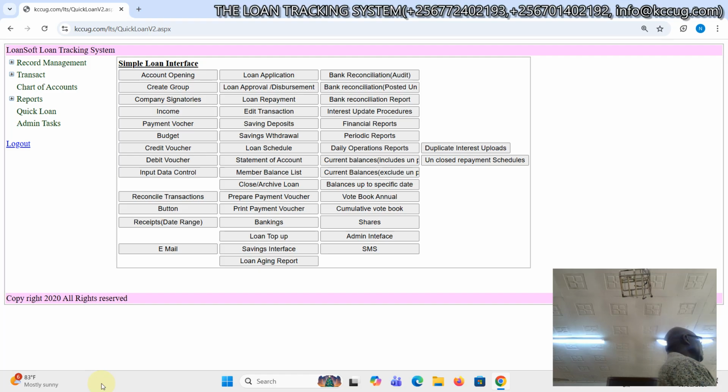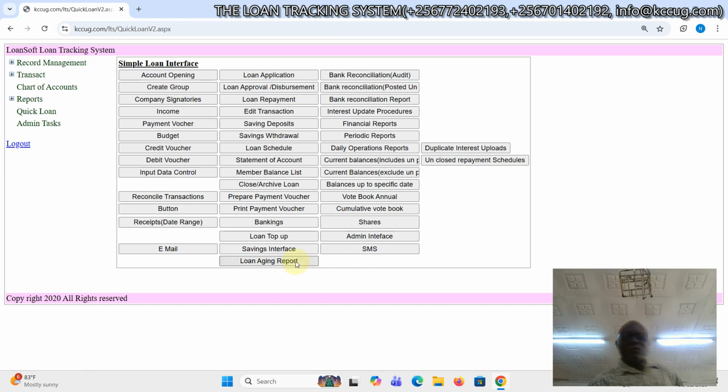You are in default by so many days. Okay? Somebody who defaults is the one who does not pay his installments when they fall due. And we want the computer to warn us about such. You get it? Now, how do we do that?